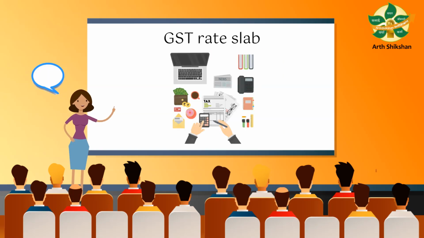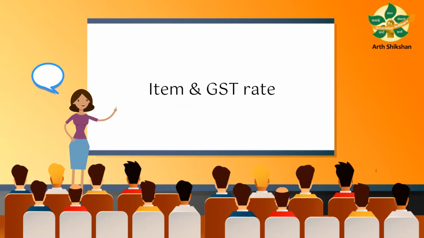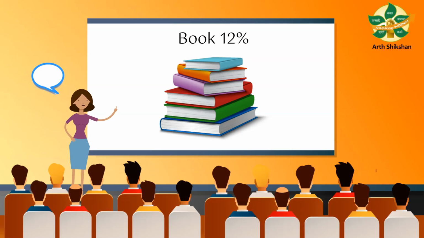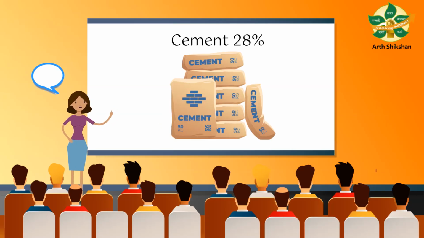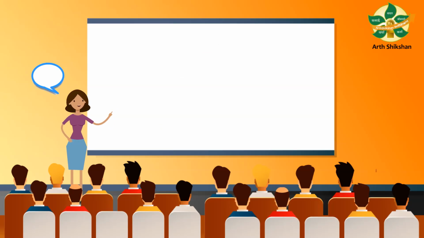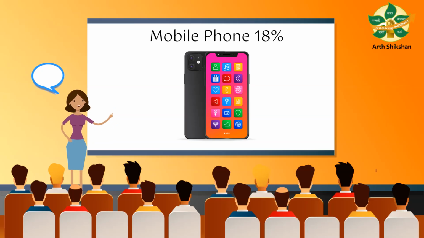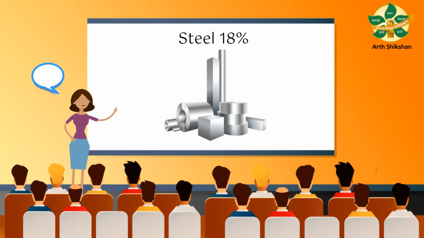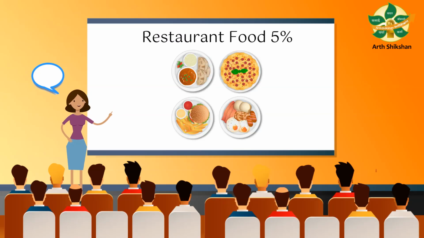Here is the rate for few commodities which will give you better idea on GST rate slab. Item and GST rate. Book 12%, cement 28%, mobile phone 18%, steel 18%, restaurant food 5%.